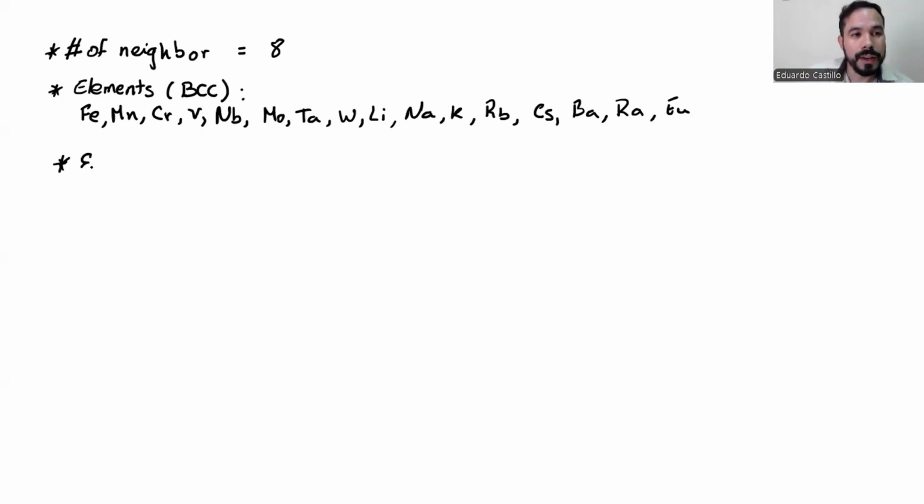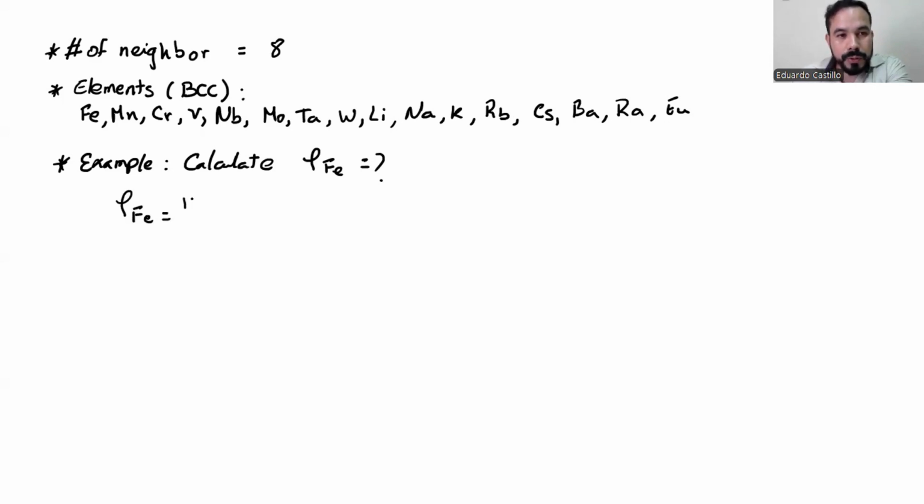So if we have an example where we want to calculate the theoretical density of iron, we can use the same equation. So we know that the density of iron will be equal to the mass divided by the volume of the unit cell. And as before, we can write this as N, the number of atoms, times the atomic weight divided by the volume of the cell times the Avogadro's number.